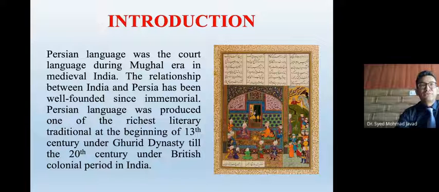So the first introduction is that, as we know, the Persian language was the court language for about 800 years during the Delhi Sultanate and Mughal period in India. Ziauddin Barni, the author of Tarikh-e-Feroz Shahi, tells us that Muhammad Sultan, the son of Ghiyasuddin Balban, who reigned between 1266 and 1287, patronized it in his court.